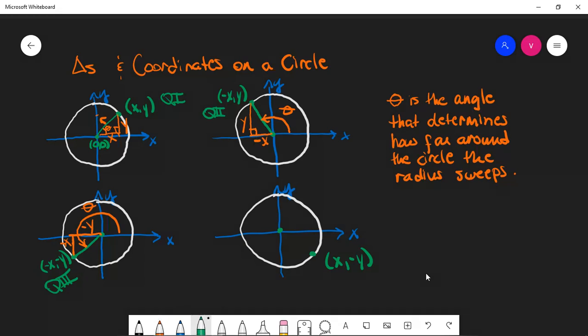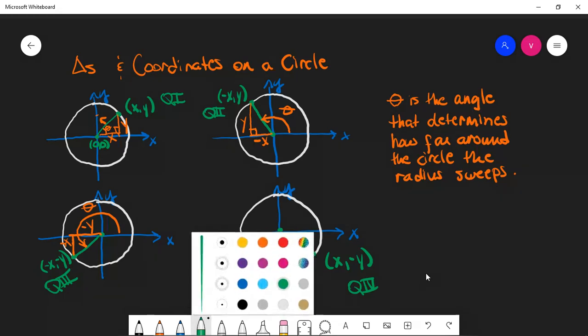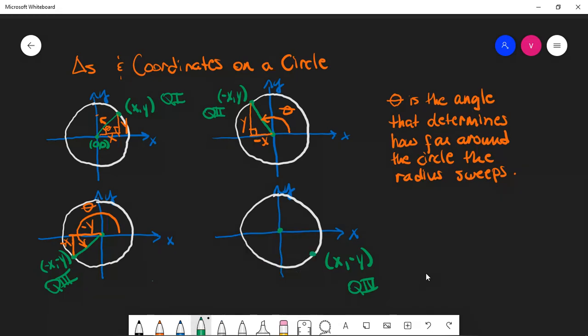Last one, we have quadrant 4. Your theta is giving you an angle that's going to end up in quadrant 4. Here's your radius. Your angle went all the way from the positive x-axis around until we got to quadrant 4. That theta is going to be given to you. You just have to know where it ends up.